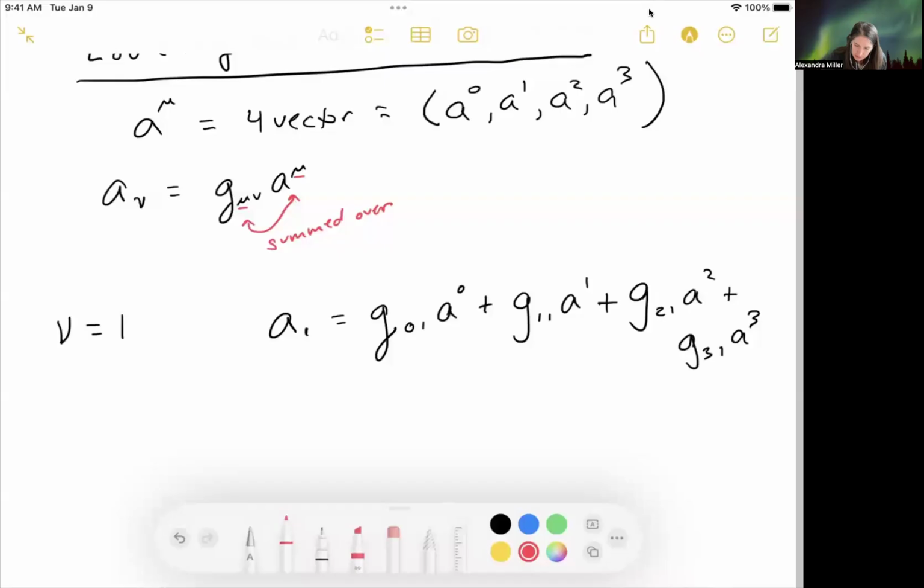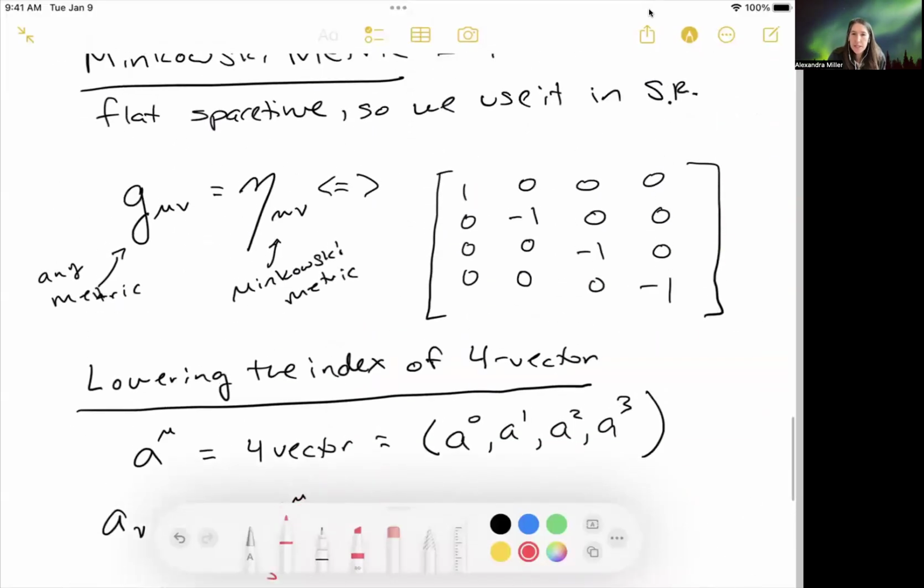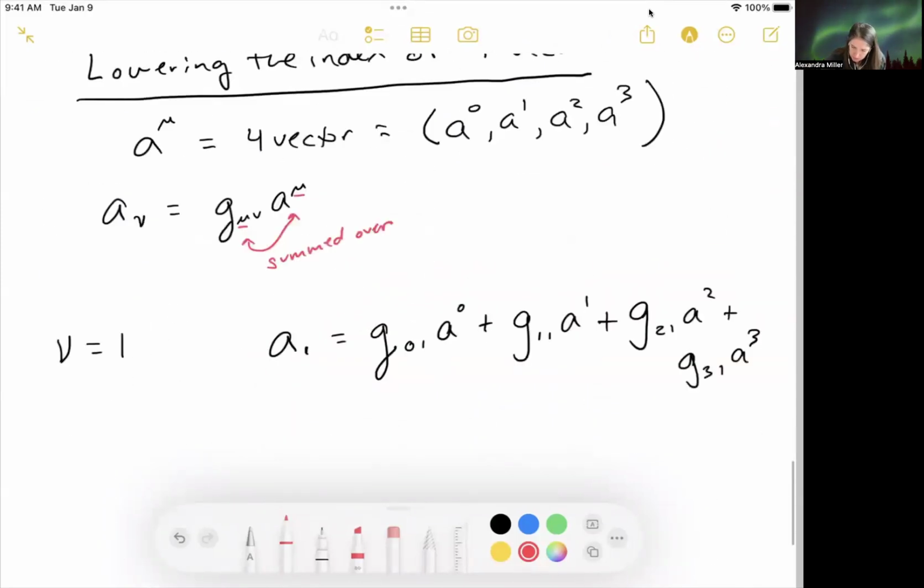But this is a diagonal matrix, right? Only the terms that have our 2 indices the same, like g11 or g22, only those terms on the diagonal are non-zero. So all these off-diagonal terms are 0. So this becomes g11 a1, and g11 is minus 1, right? So this is minus a1.